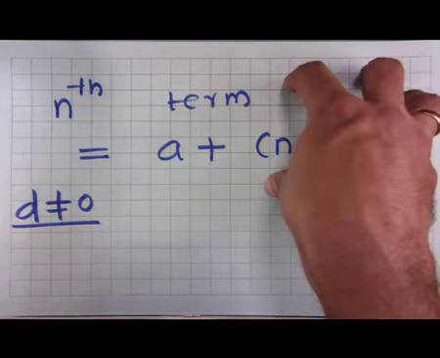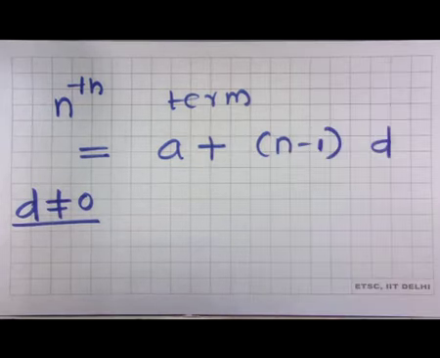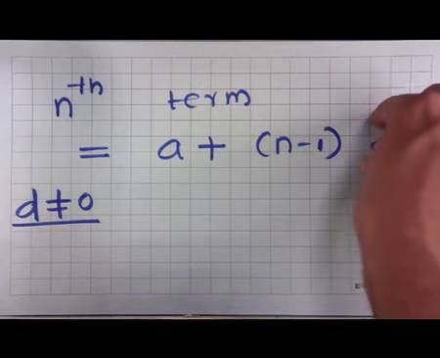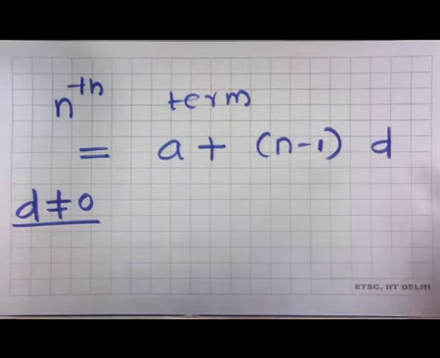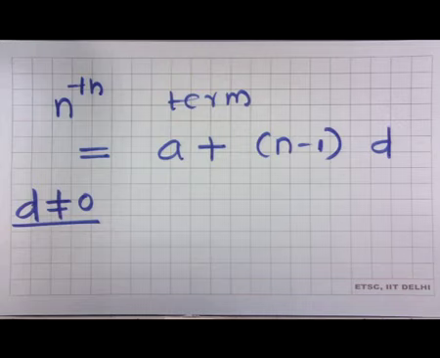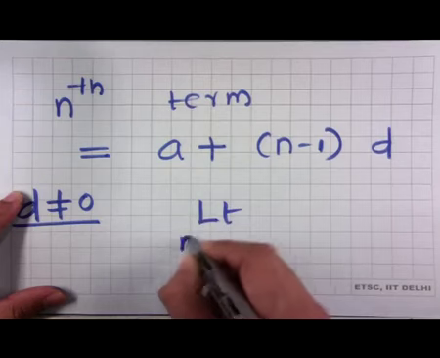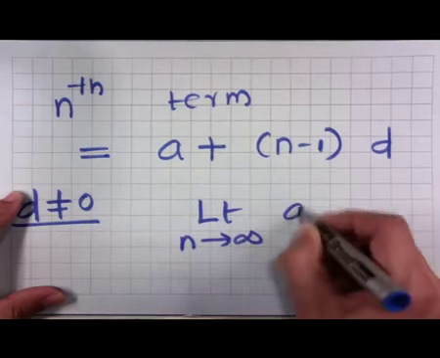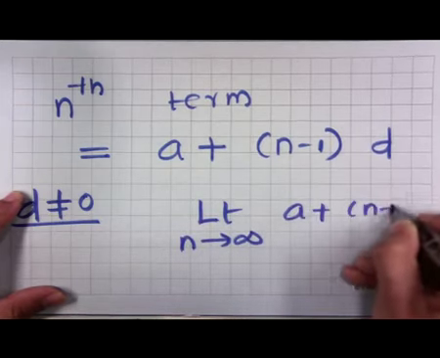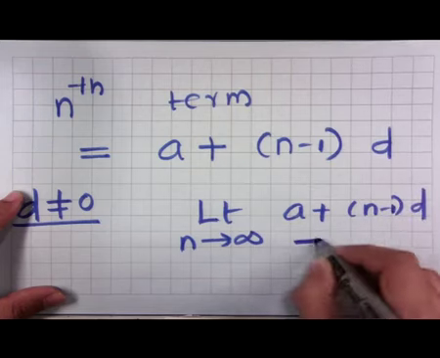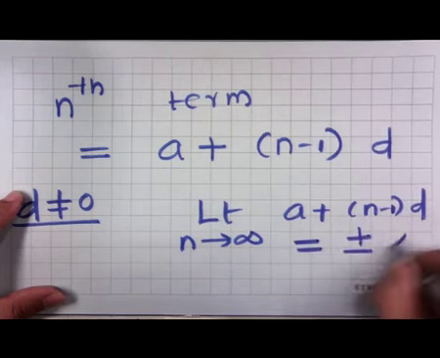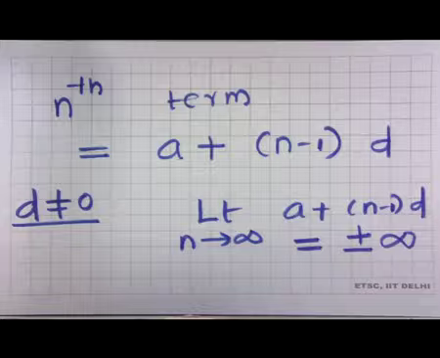And if d is negative, n minus 1 into d comes close to minus infinity. Therefore, the limit as n tends to infinity of a plus n minus 1 into d is plus infinity or minus infinity.